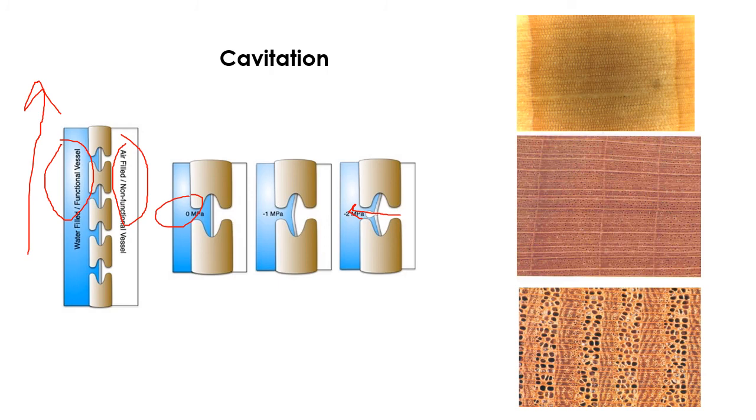There's basically two ways that trees deal with preventing cavitation: there's sort of the safe way, and there's the risky but efficient way. So conifers over here and diffuse porous hardwoods, they have pretty small vessels or tracheids.